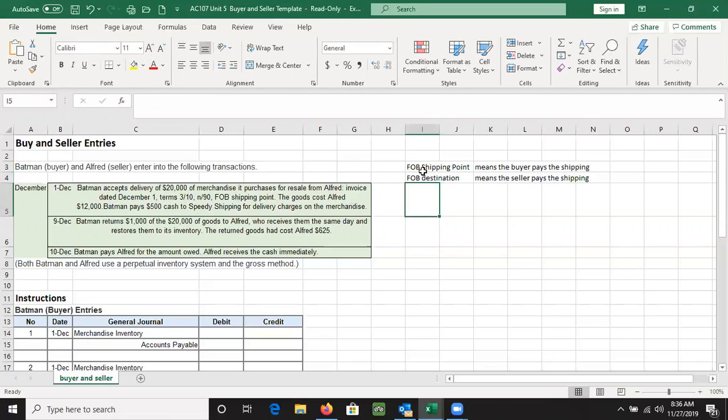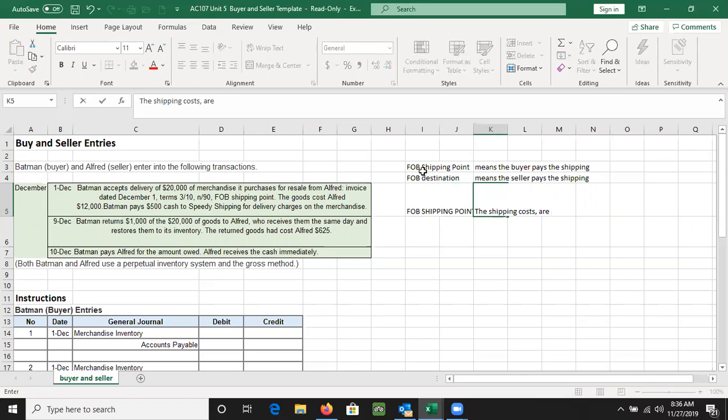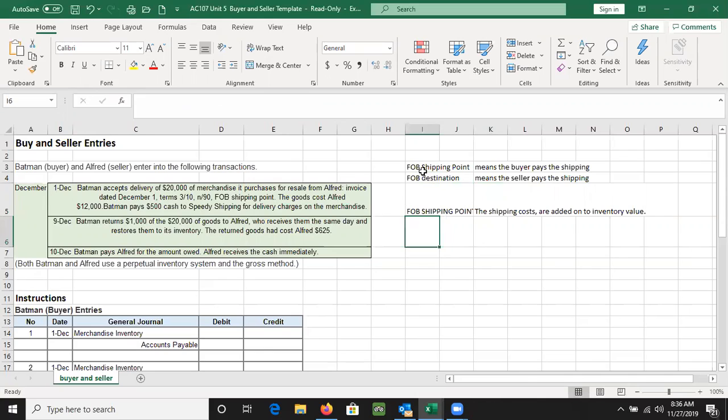When it's FOB shipping point, the shipping costs are added on to inventory value. You're going to see what that means when we do the example. So whenever the buyer has to pay the shipping, they actually add it to the total value of their inventory.